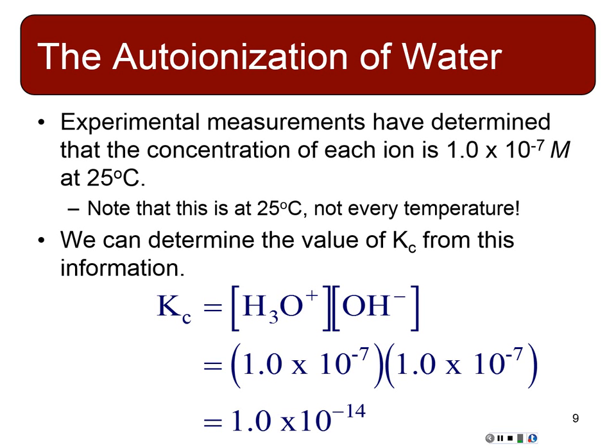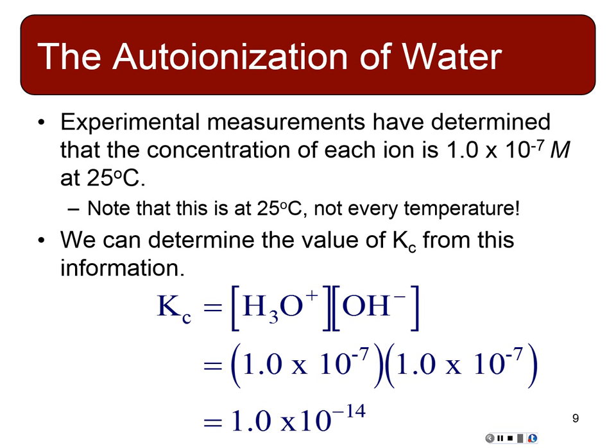If you multiply those together, you get this. So KW equals hydronium concentration times hydroxide concentration equals 1.0 times 10 to the negative 14. You'll have to know this.